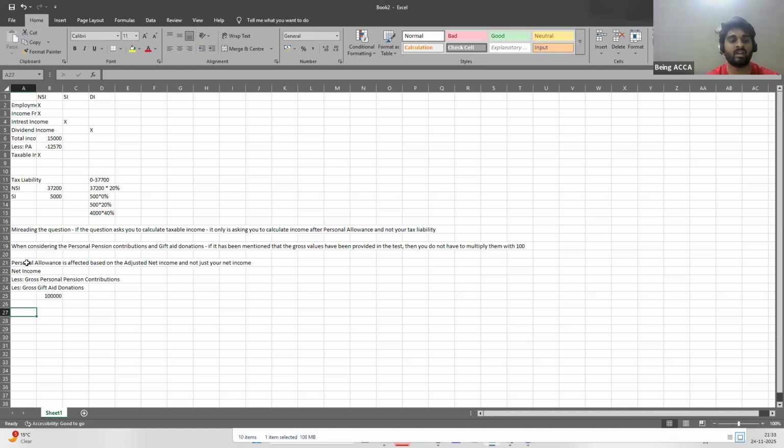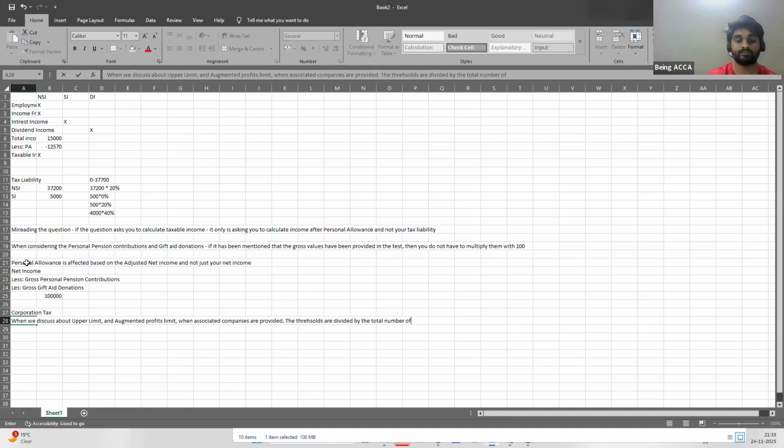Again, in a similar manner for corporation tax, when we discuss the upper limit and the augmented profits limit, when associated companies are provided, the thresholds are divided by the total number of companies, including the company itself, including the company in question.